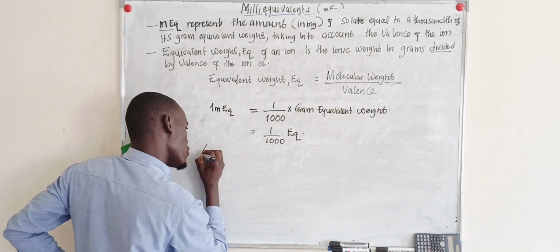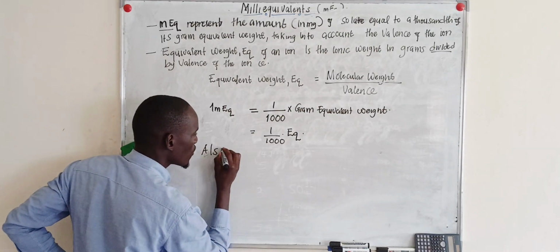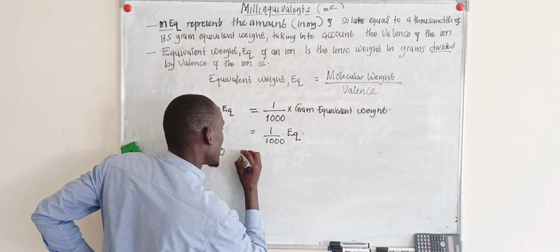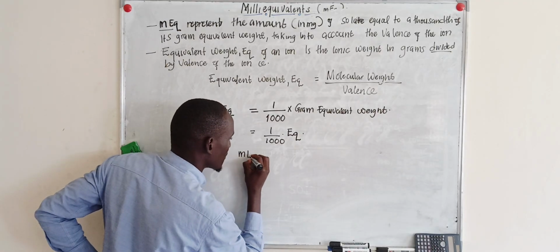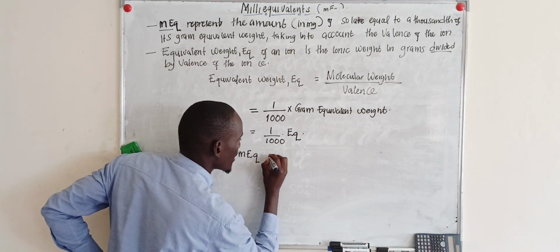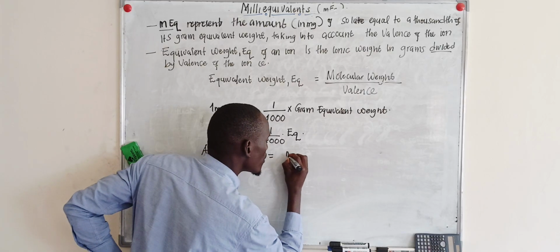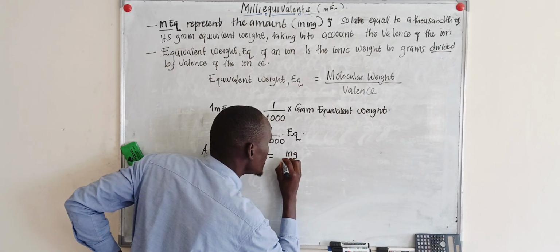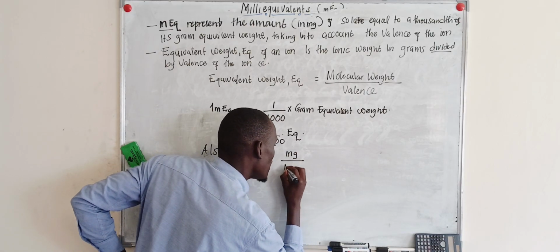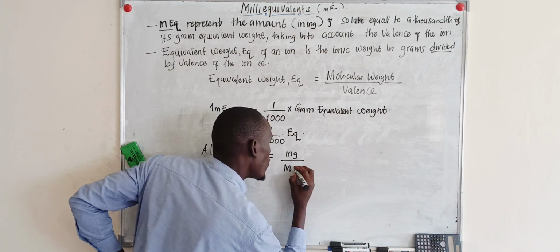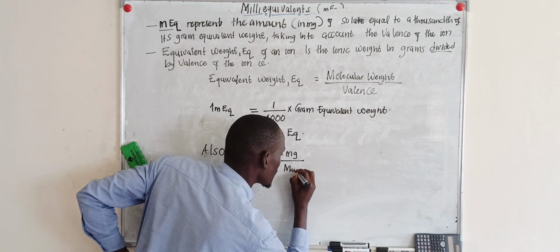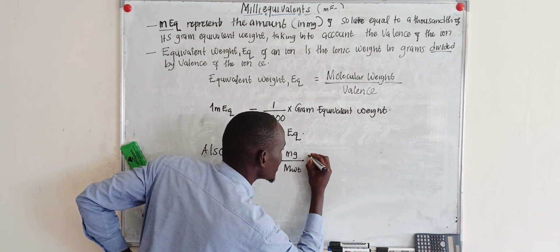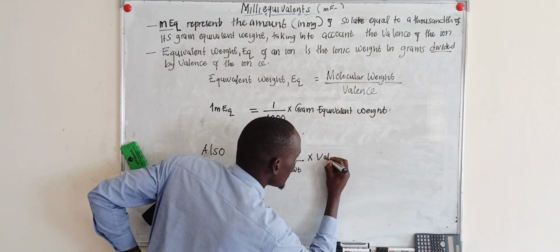But also, we know that milliequivalent is equal to mass in milligrams over molecular weight of a substance times valence.